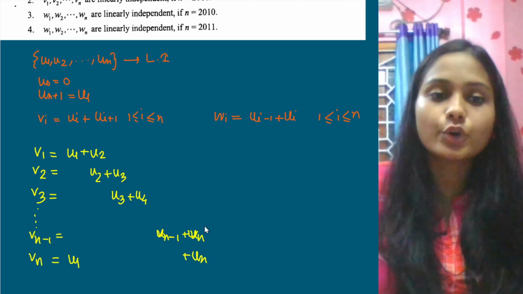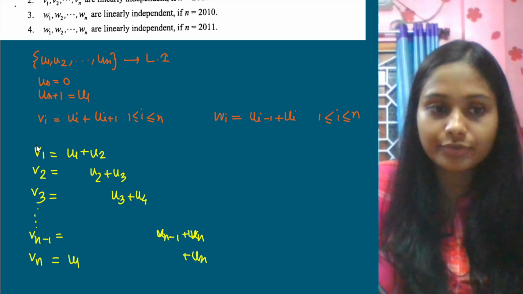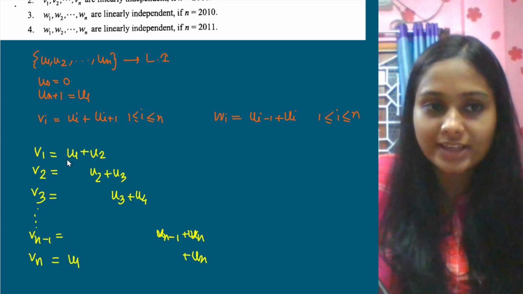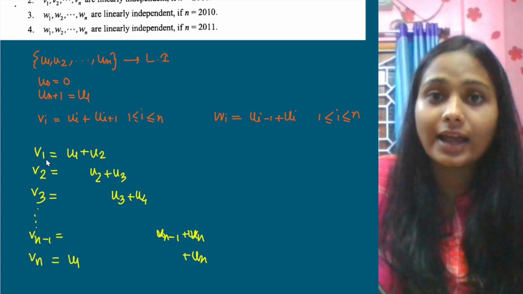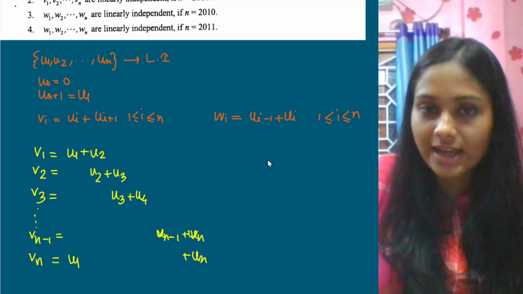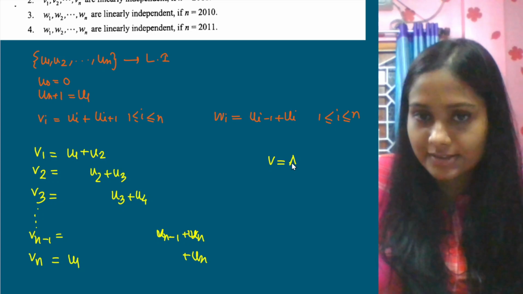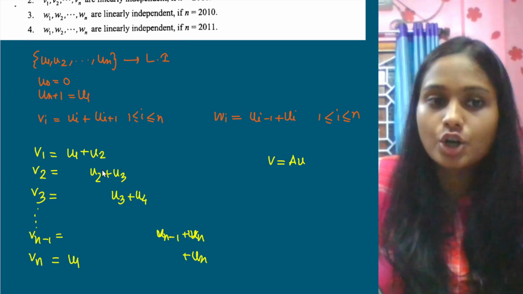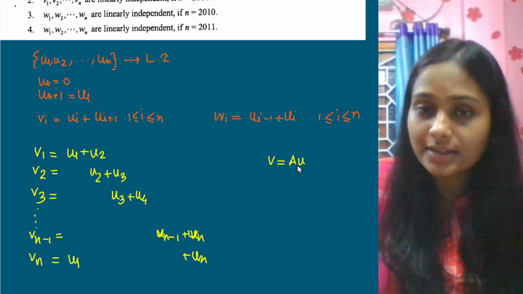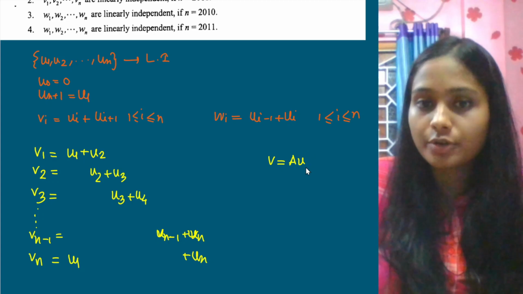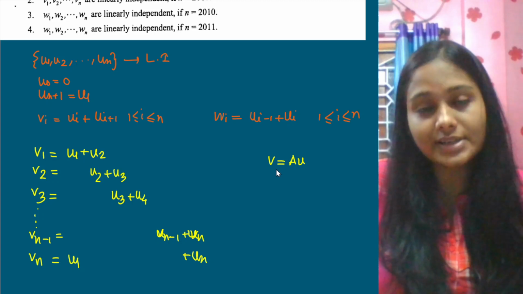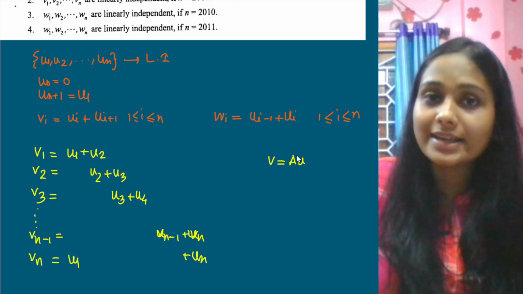Okay. So we know that suppose vi's are linear combinations of ui's such that vi's can be written like this, where a is the coefficient of these elements. Then if u is a linearly independent subset of V, then v is also a linearly independent subset of V if and only if A is invertible.